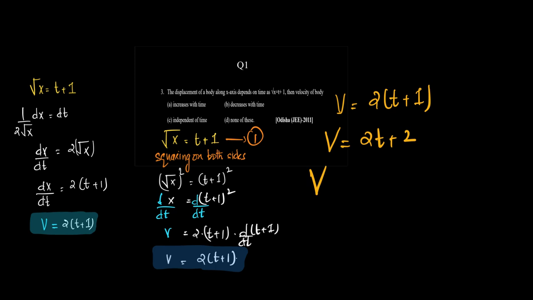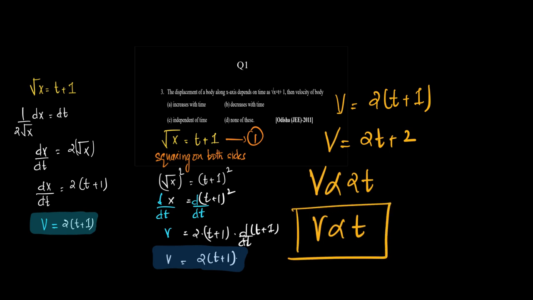So basically, we can say that v is proportional to 2t. Now 2 is a constant, therefore v is proportional to t. Now if v is proportional to t, what does this imply? It implies that as the value of t increases, v also increases. As the value of t decreases, v also decreases.